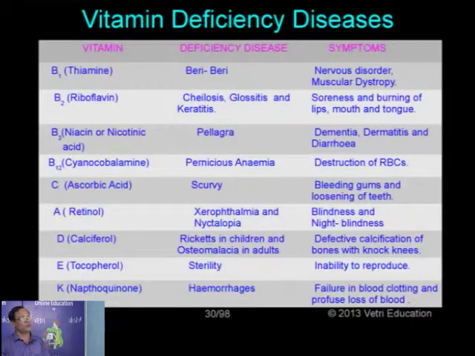When you have fewer RBCs or less hemoglobin or both, it results in anemia. Here I use the word pernicious, which means severe anemia, resulting in the destruction of RBCs, so that the person becomes anemic.